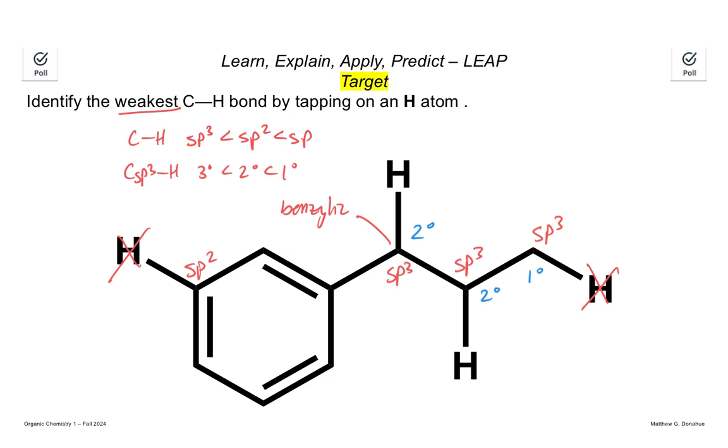When you apply the energy to the system, that is the bond that's going to cleave first. And again, since it's homolytic, those would be the 2 radicals that you get.